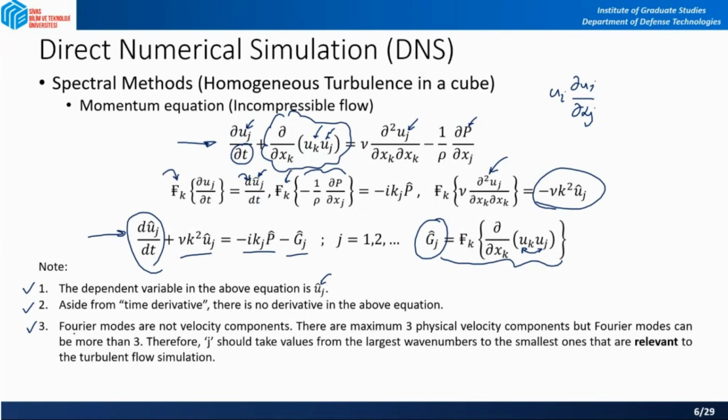Don't fool yourself. We have a maximum of three physical velocity components, but Fourier modes can be more than three, as we said. This j should take values from the largest numbers to the smallest ones that are relevant to your turbulence simulation, as I wrote in here.